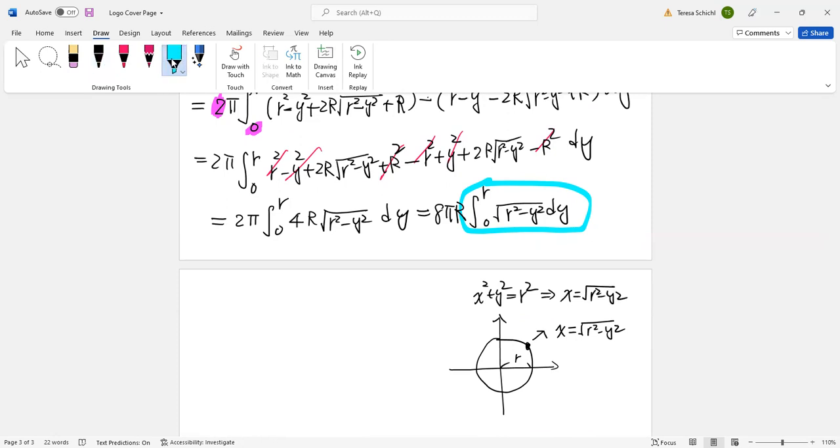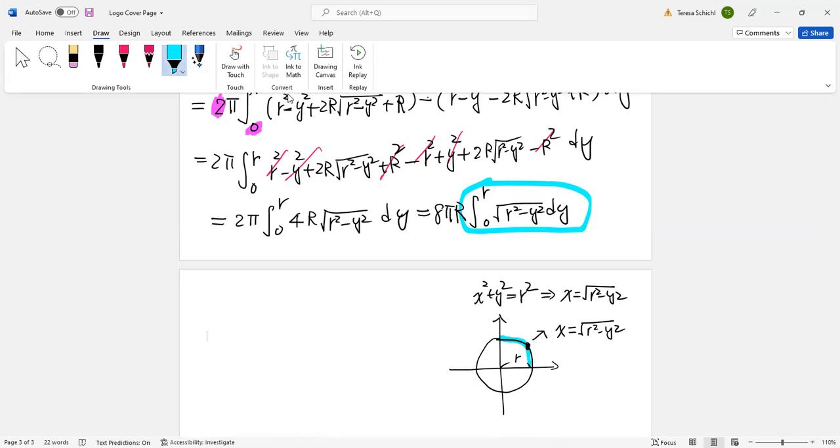So what is that? It's just the x values, so it will just be this part, and then you integrate from 0 to r.